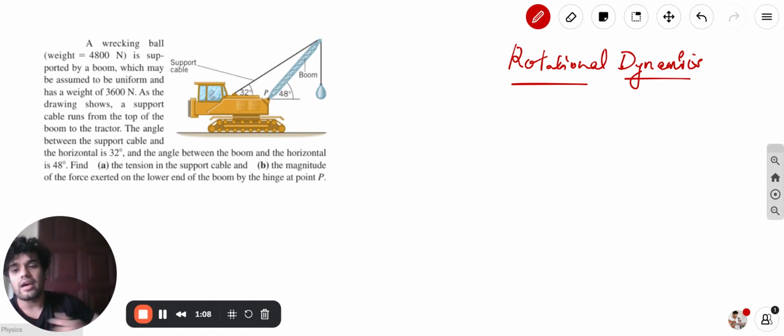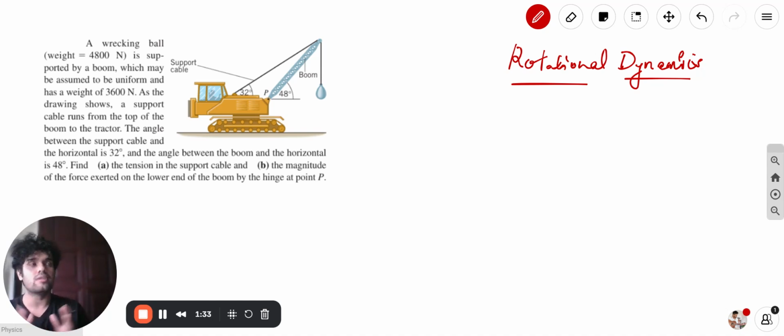Find A, the tension in the support cable, and B, the magnitude of the force exerted on the lower end of the boom by the hinge at the point B. So we need to find the tension acting on this cable, and the force acting at point B.